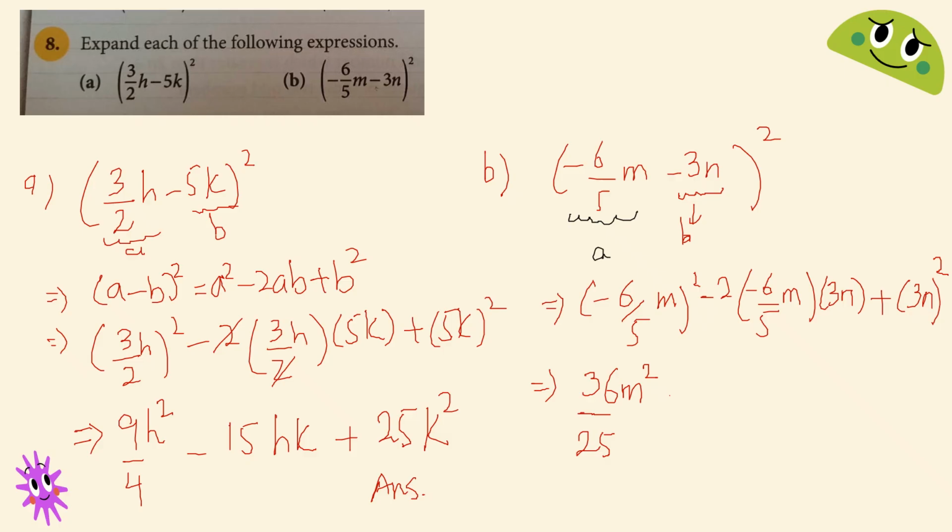Again I will be getting a plus here, and 2 multiplied by 6 is 12, and 12 multiplied by 3 is 36, and m multiplied by n is mn. Let's write this. 2 times 6 is 12, and 12 multiplied by 3 is 36mn, and in the denominator you have 5. Then you have 3 times 3 is 9, and n multiplied by n is n², and this is the required answer.